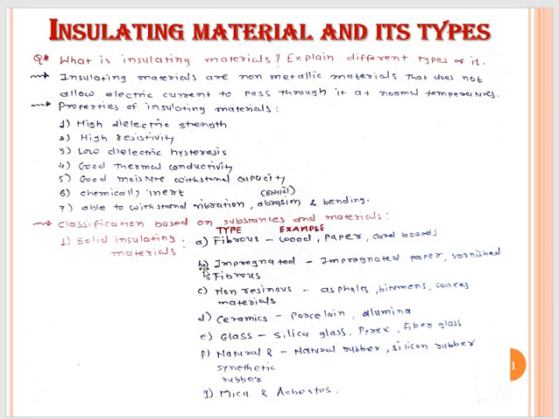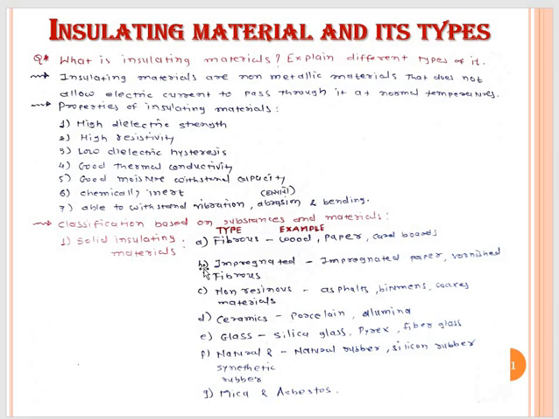In this type, impregnated paper, varnished cloth, etc. Third, non-resinous materials: asphalt, bituminous materials, corks, etc. Fourth, ceramic-type solid insulating materials. Porcelain, alumina, etc. are in the form of ceramics.